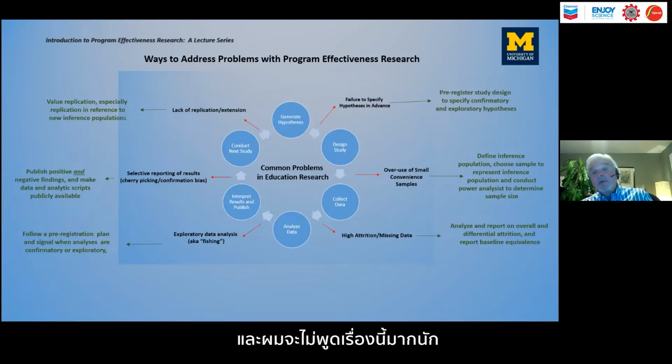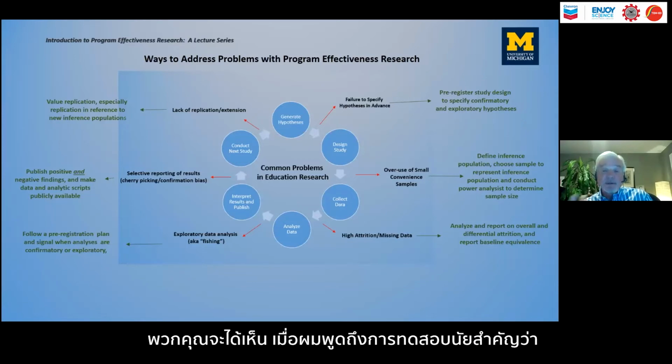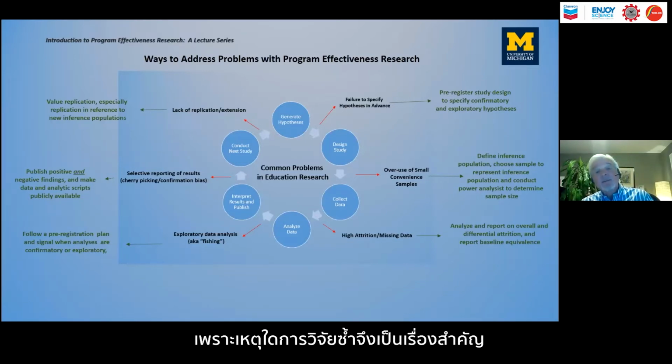And I won't talk much about this, but in the post-reporting phase, it's important for people to value replication. You'll see when I talk about significance testing why replication is important.